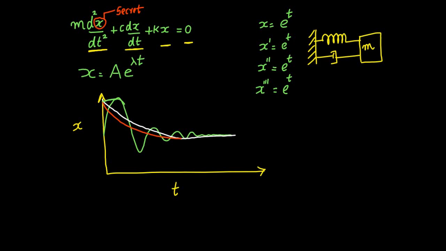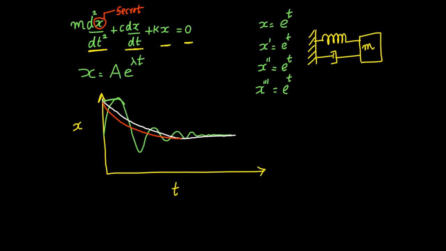So you can see that maybe the oscillation is going to die down. That is case 1, shown by the green color here. Or maybe there is no oscillation, but it takes some time before it settles down to the equilibrium position. Or maybe the mass is going to go back to the equilibrium position in the shortest span of time.